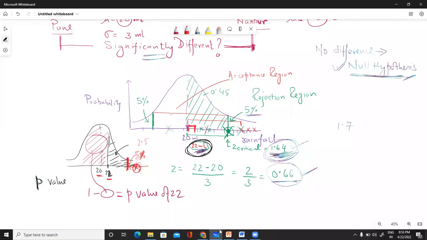We use the F statistic and other distributions. That is an extension of hypothesis testing, but basically hypothesis testing is what we just discussed, comparing the means.